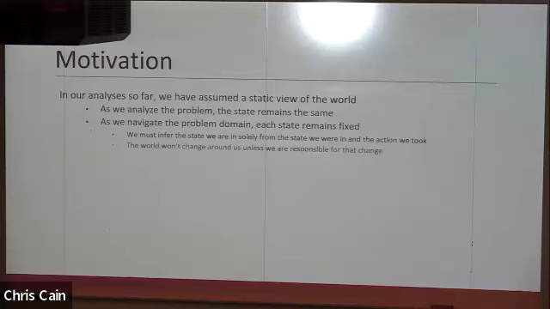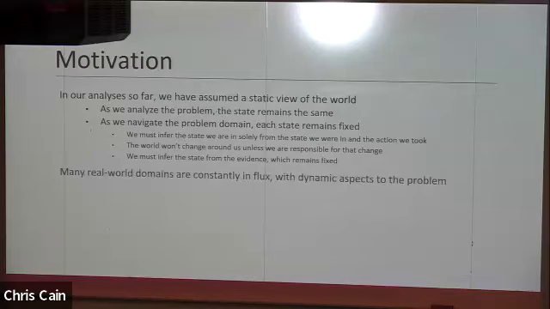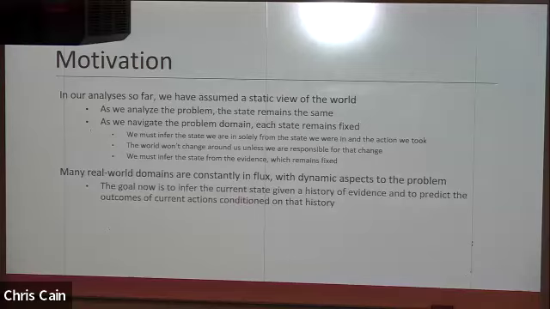So, the world didn't change unless we, the agent, are responsible for that change. But things do change outside of our control in a lot of environments, so we need the ability to model that. We can infer the state from the evidence, and the evidence remains fixed. But yes, real-world domains are in flux. There are many dynamic aspects to those problems.